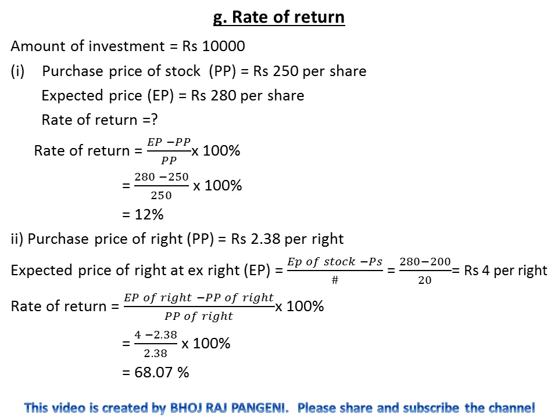So investing in stock is less risky than investing in the right, and the rate of return of the right is much higher than that of the stock. Stock return is lesser than the right return. Have a look, 12% and 68.07%. How many times?